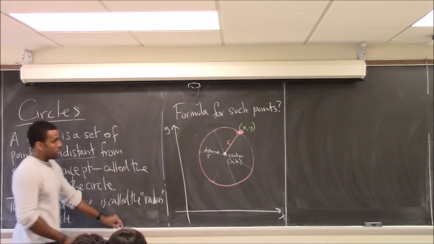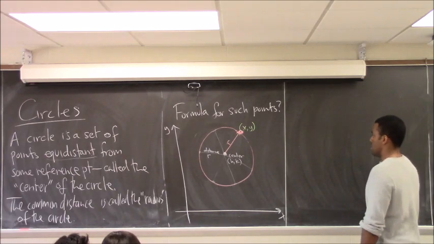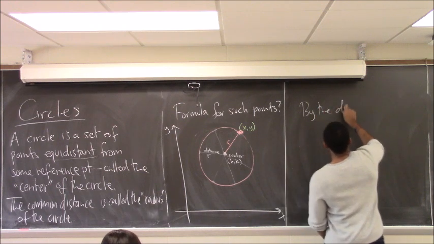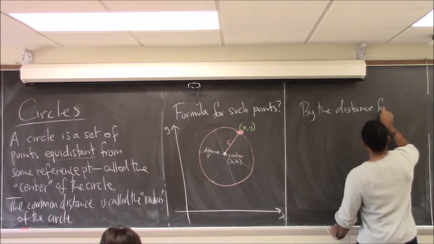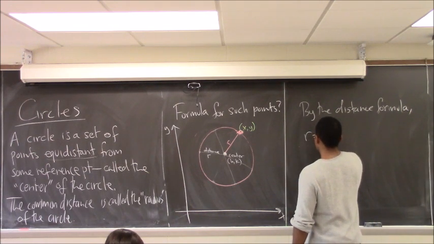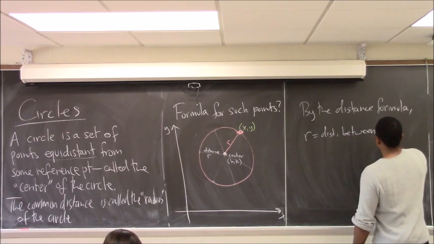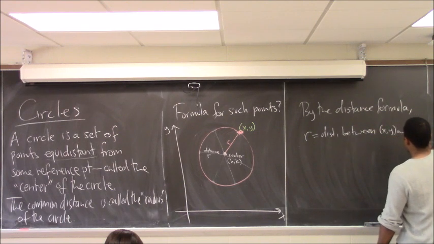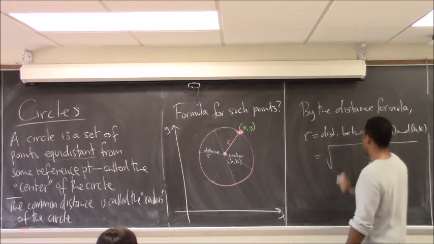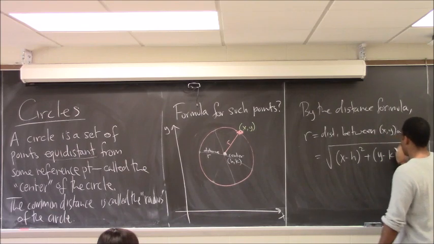And so what we would notice is that by the distance formula, r is going to be the distance between (x, y) and (h, k), which is going to be, by our formula, the square root of (x minus h) squared plus (y minus k) squared.